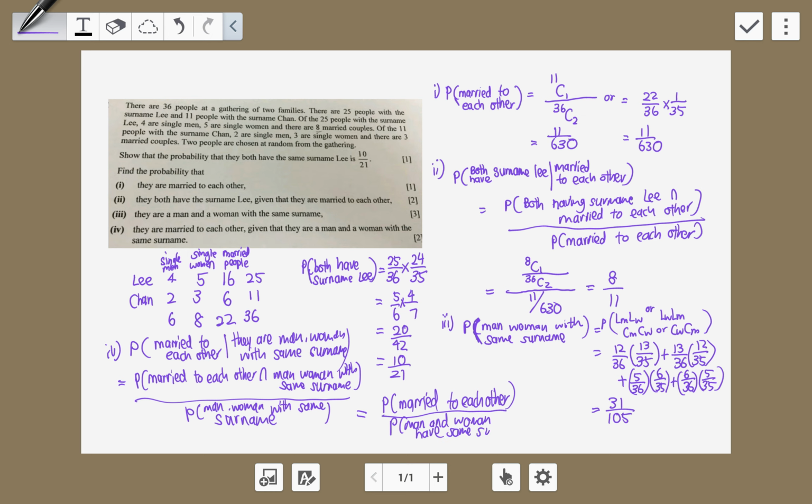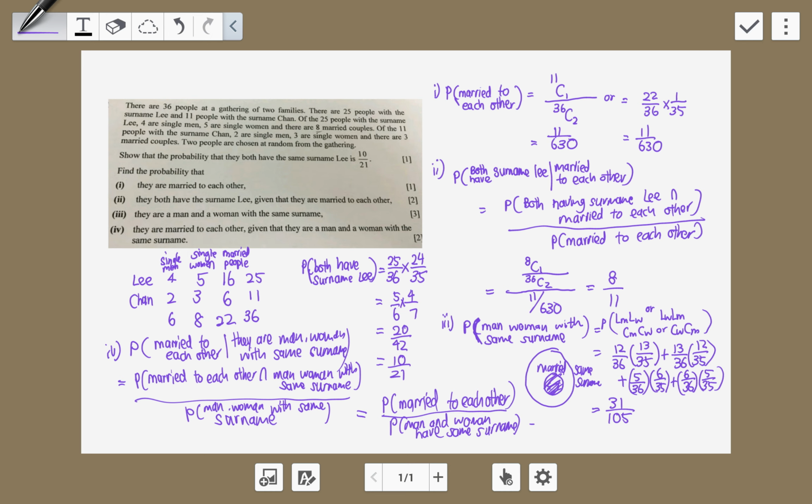The reason is illustrated with a Venn diagram: since all married people have the same surname, the probability of married people intersect with same surname is just the probability of married people.